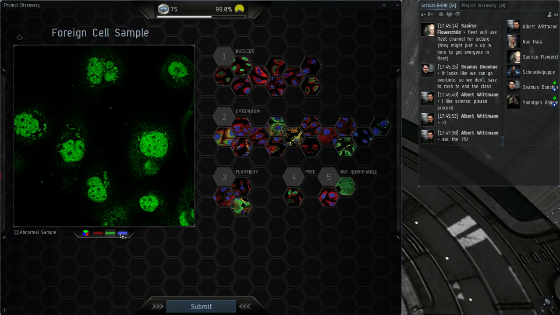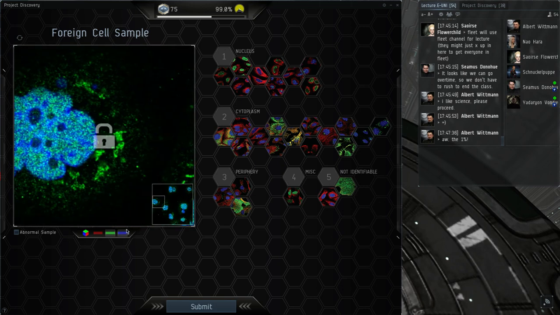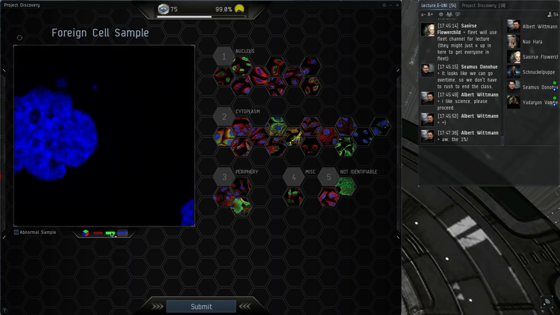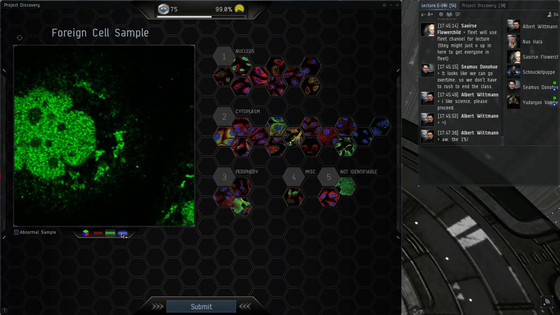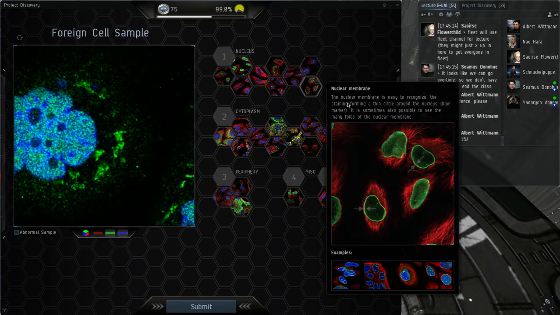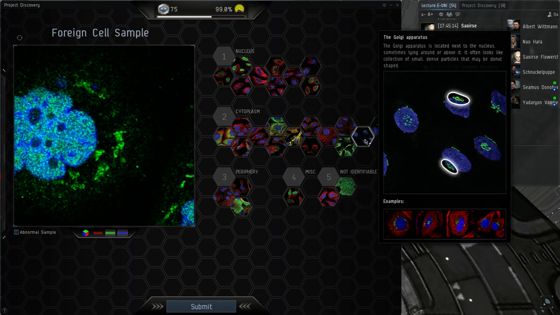And here we do see a really good sample of nucleoplasm. Let's zoom in on this cell. We have the holes in both blue and green. We also have this staining outside the nucleus. It's very typical for the Golgi apparatus. You see how it's located just next to the nucleus on one side mostly.